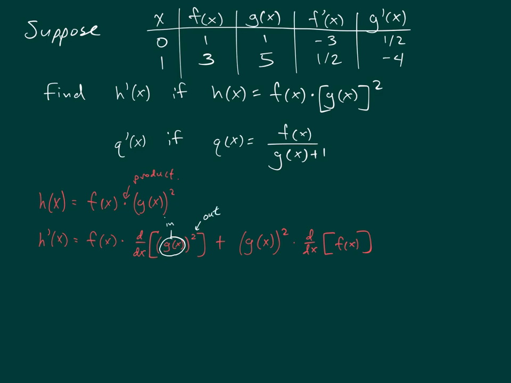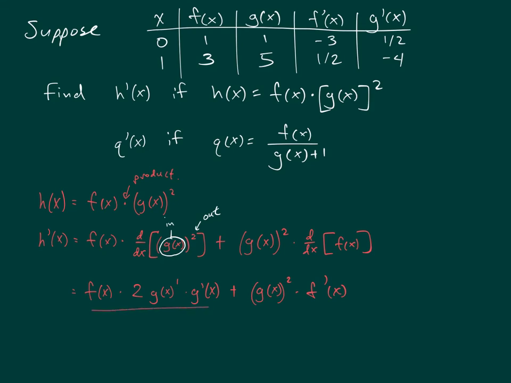And so this would end up being f of x times 2 times g of x to the first power times g prime of x, plus g of x, the entire function squared, times f prime of x.